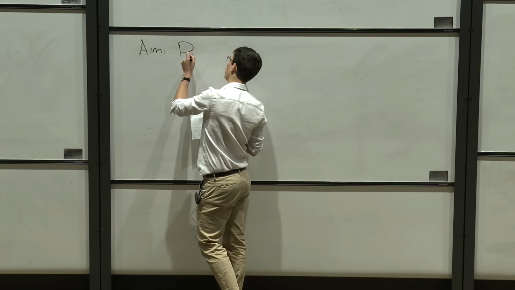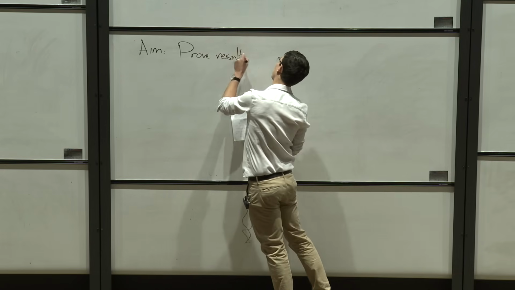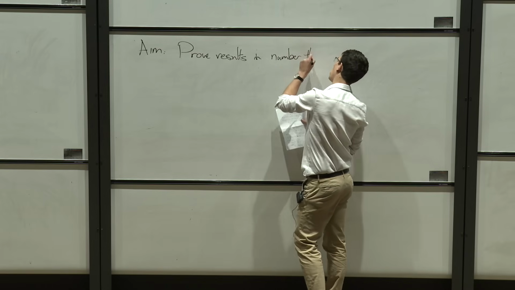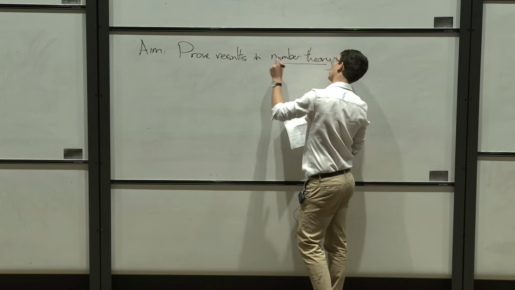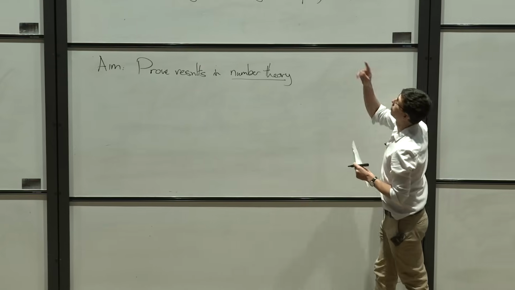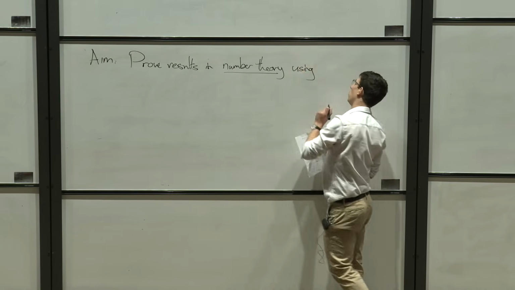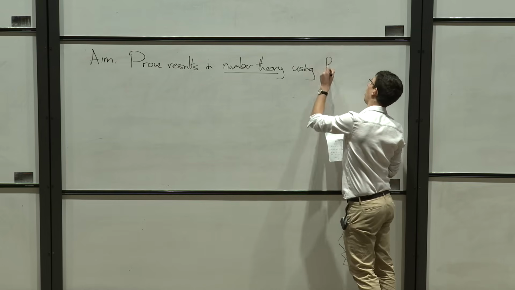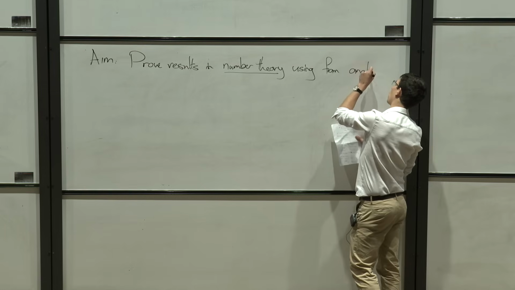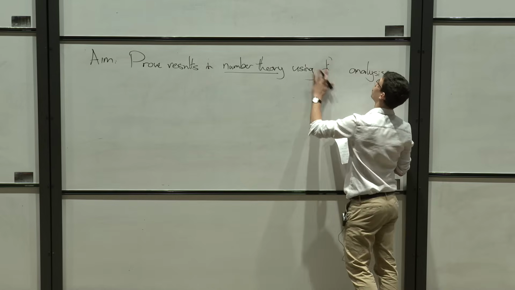It's really a number theory course, so we want to prove results in number theory, somehow to do with the arithmetic of integers in some way, but this is analytic number theory, so we want to use techniques from analysis and related areas.